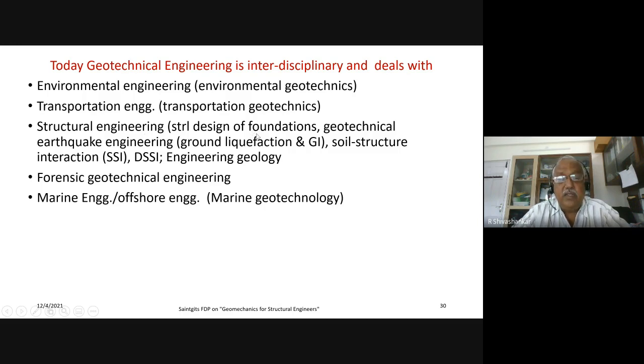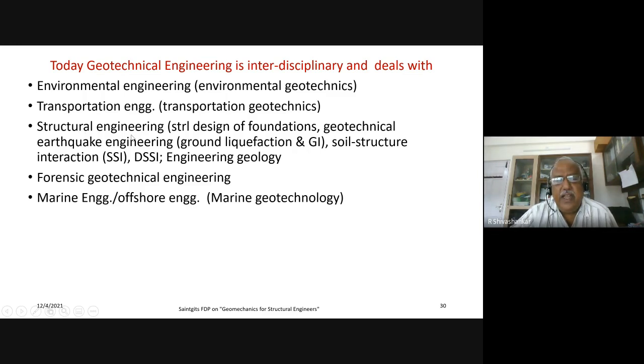Whenever you design a structure, you also have to look into the type of soil. That's very important. Whether the soil is sensitive, whether it is liable to liquefaction, or if it is weak, highly compressible, and of low bearing capacity, then you have to adopt some sort of ground improvement technique. So it's not that a structure can be designed alone.